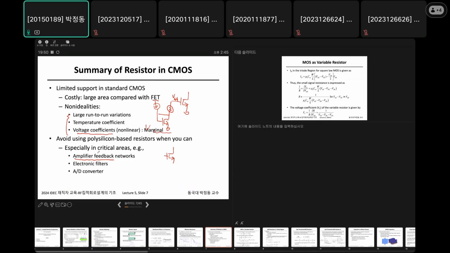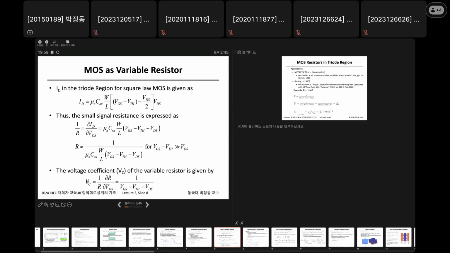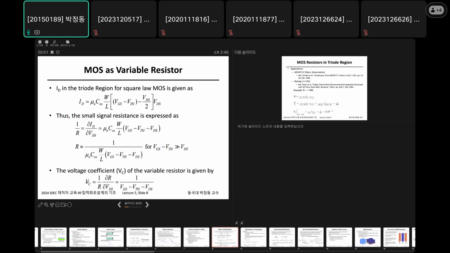But if you cannot avoid it, you just need to use the ratio, the resistive network. Also, you can use the MOSFET as a variable resistor. Those are very basic, fun information.